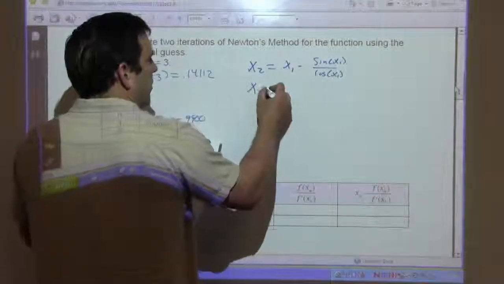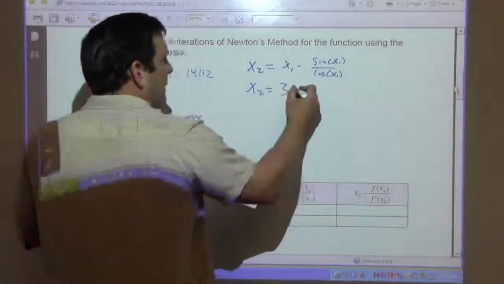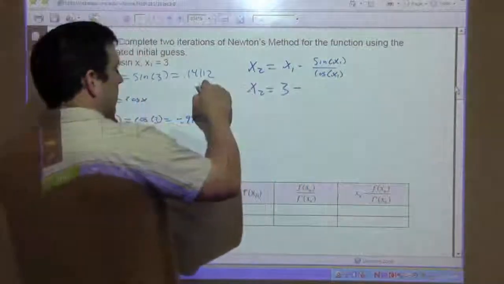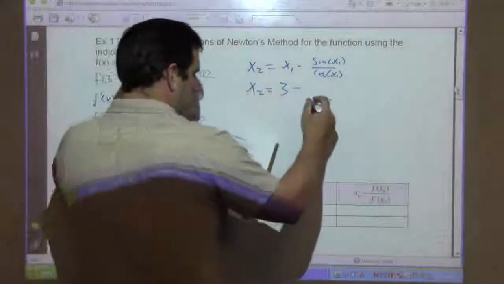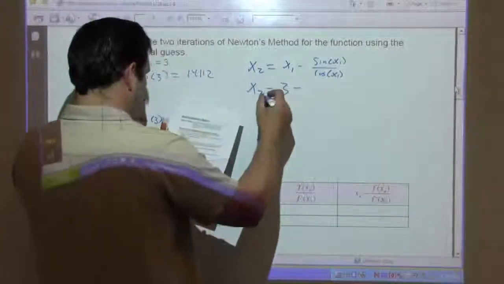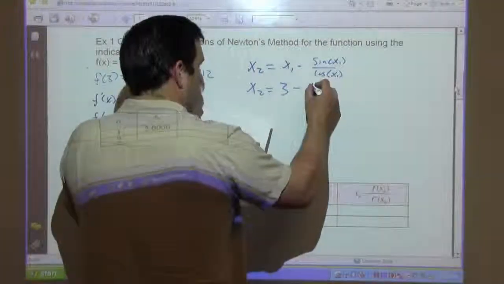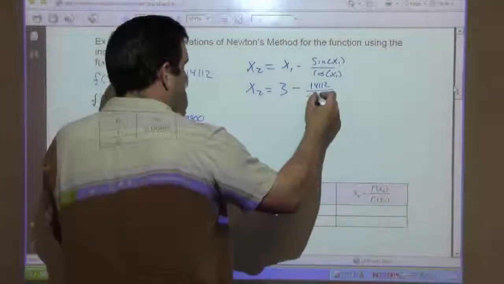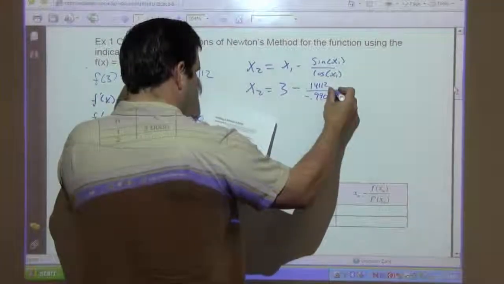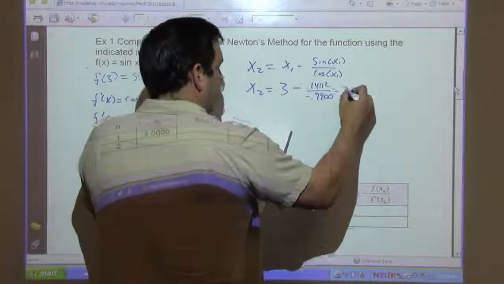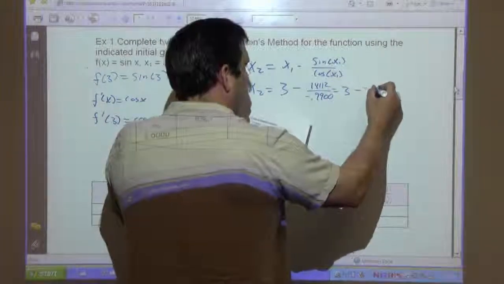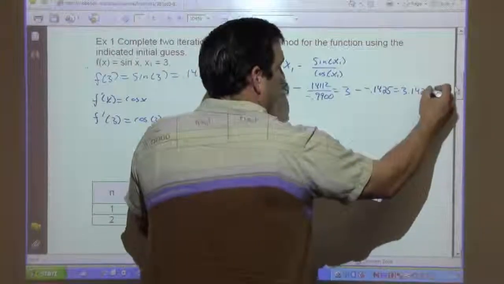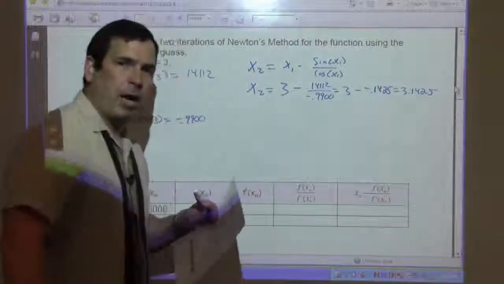So our x2 is going to be, our initial guess was 3 minus sine of 3, which was 0.14112, over cosine, which is negative 0.9900. That's going to be 3 minus negative 0.1425, which is 3.1425. Hey, that's a pretty good jump to pi. That was pretty good.